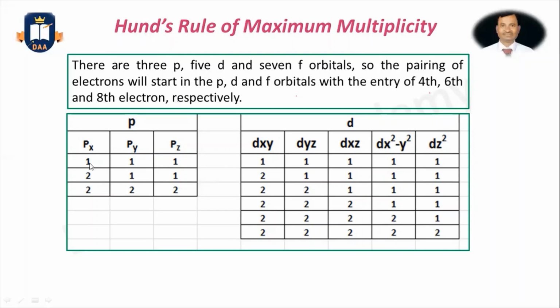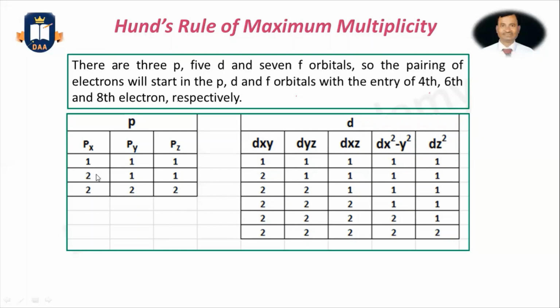So the first three electrons will be singly occupied, one in each of the orbitals px, py, pz. If a fourth electron comes, then one orbital, in this case the px I have written, will be paired. That means two electrons will then be present in px.